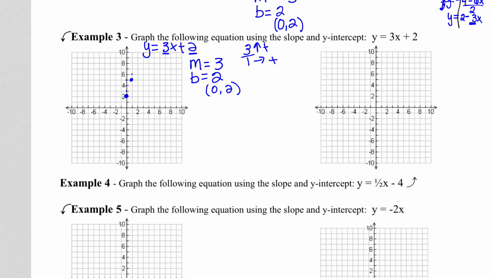I want you guys to do as many points as you can on these graphs. That's what everybody did yesterday. If I were there today, you guys would be going to the board just like they did. And then connect your points.